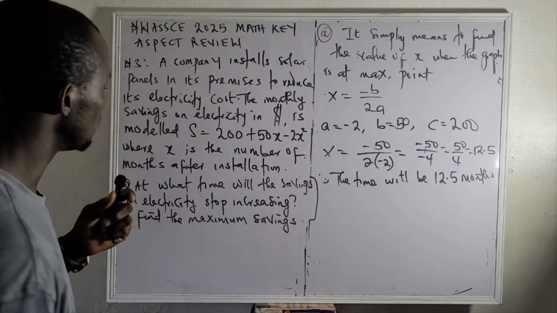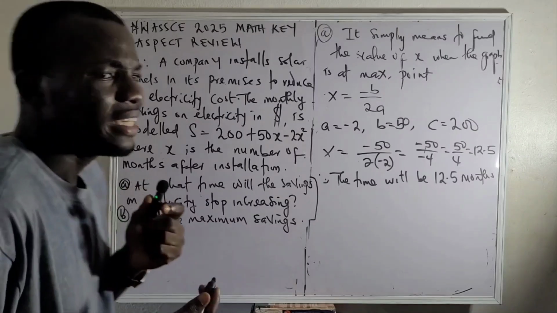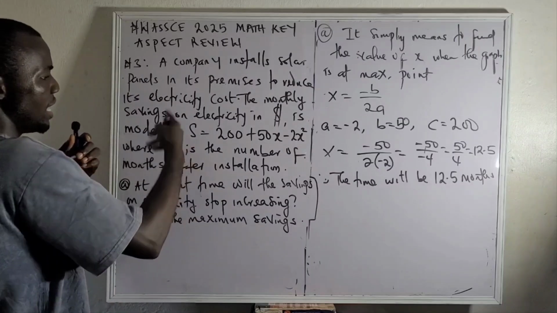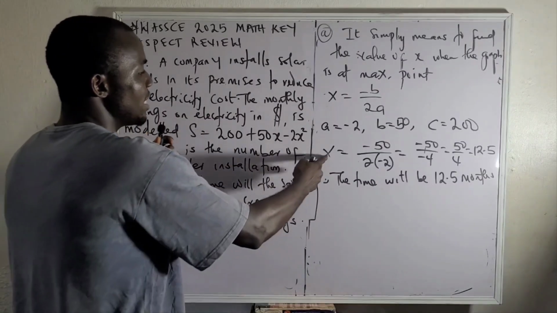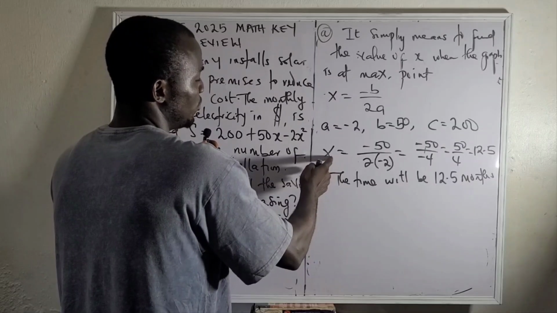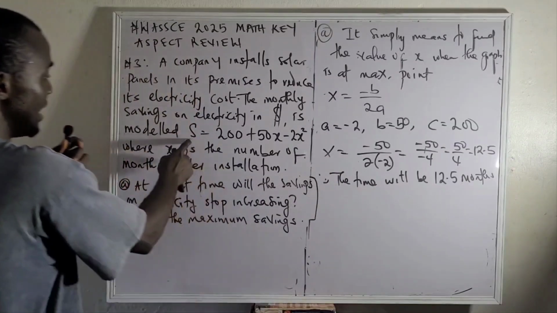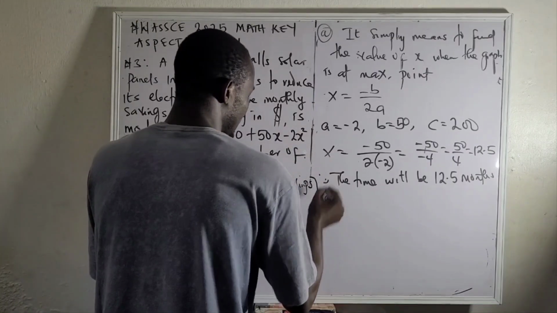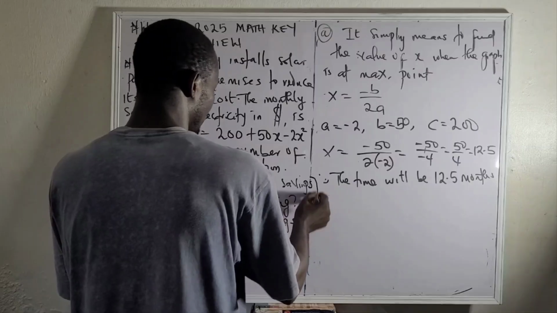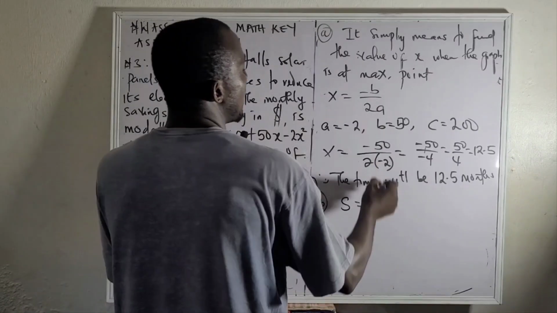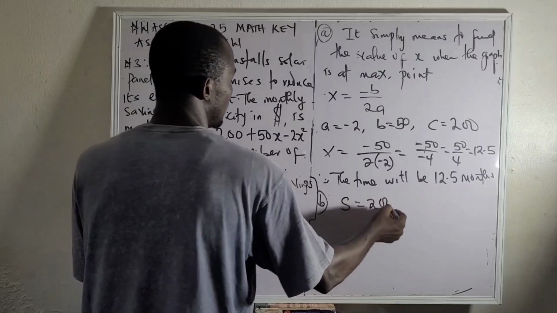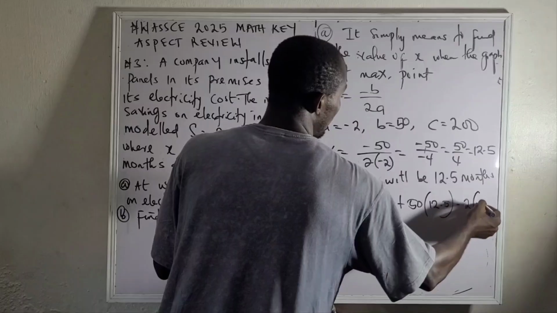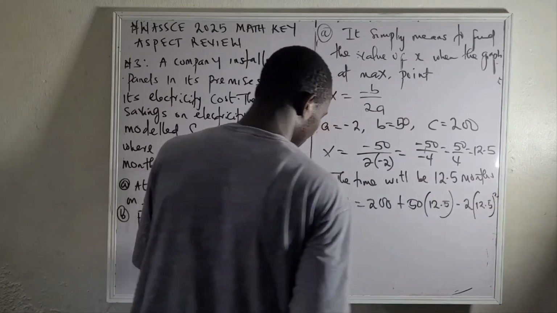Now, the B part, we are asked to find the maximum savings. When they say the maximum saving, they are simply talking about S, the value of S for this time value. That's what they're asking for. So our S will be equal to 200 plus 50 times 12.5 minus 2 times 12.5 squared.